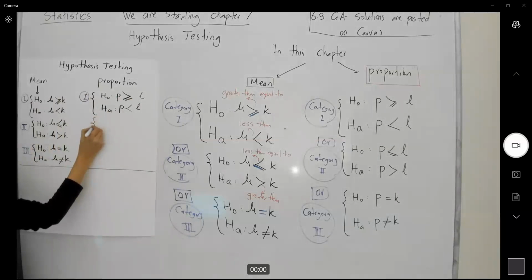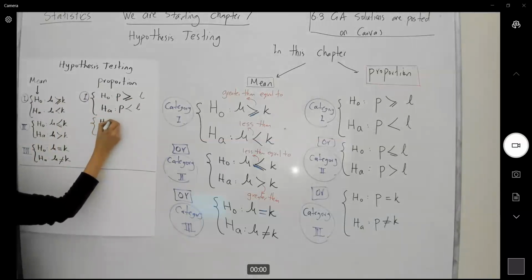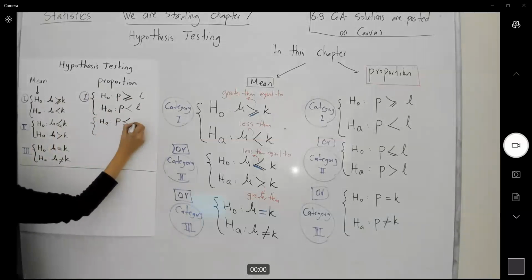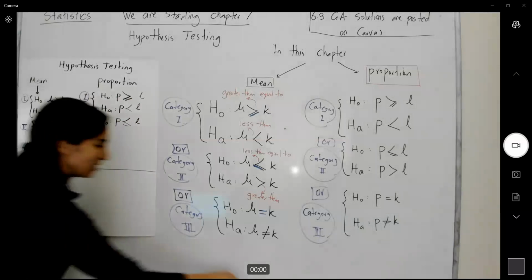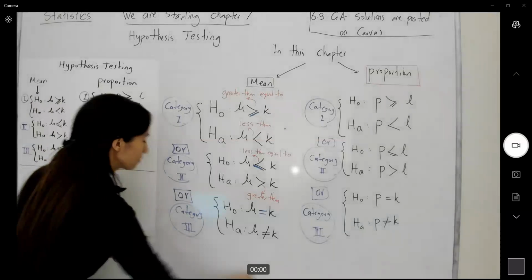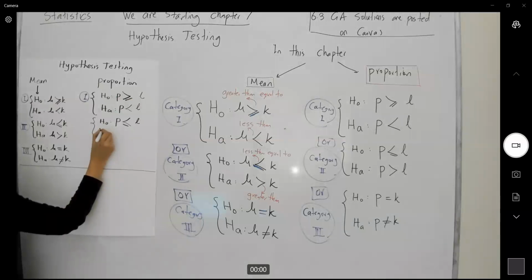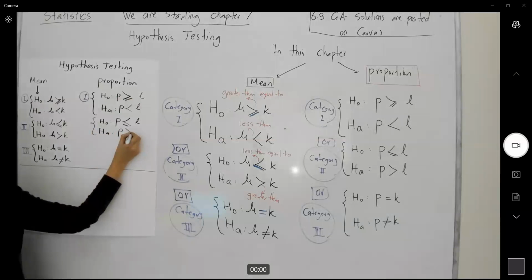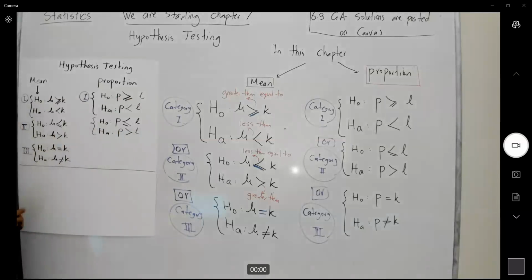Here, the second category says null hypothesis: p is less than or equal to L. And your alternative hypothesis: p is greater than L. This is your second category, of course.